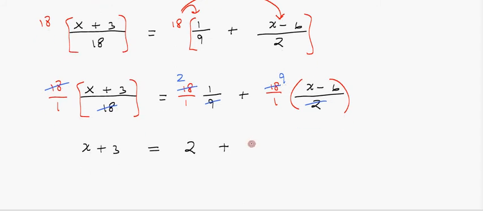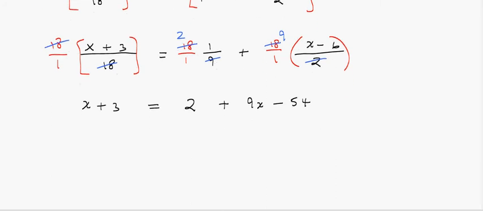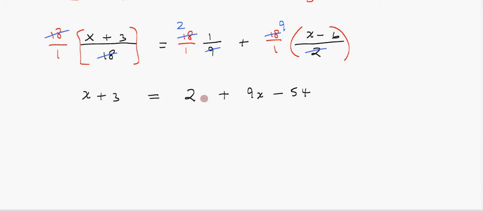So that's going to give us 9x minus 9 times 6 is 54. So now that the fractions are gone, this thing doesn't look quite so scary. We can combine like terms on the right side. So we have x plus 3 is equal to 2 minus 54 is a negative 52 plus 9x.